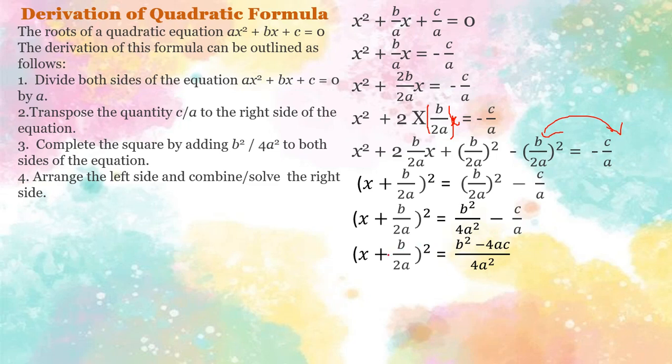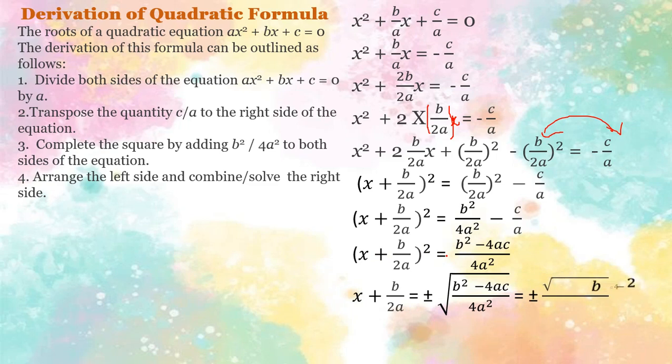Again, in the left hand side, x plus b upon 2a whole square is there. So on both the sides we have to take the square root. When we take the square root of the left hand side term, by the laws of exponents, x raised to the power m whole raised to the power 1 upon m, m and m cancel out, we get 1 only.